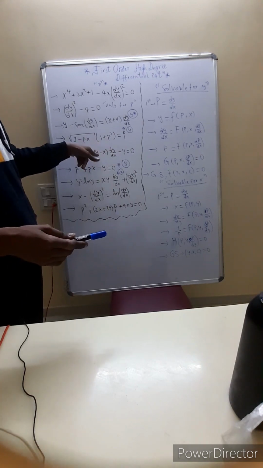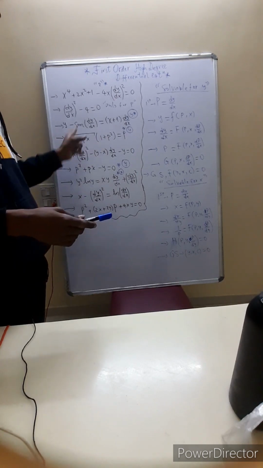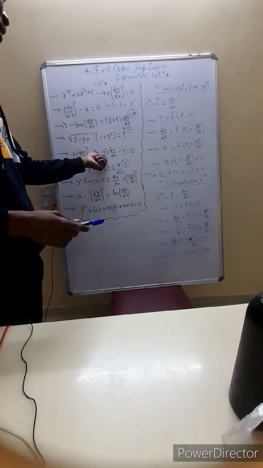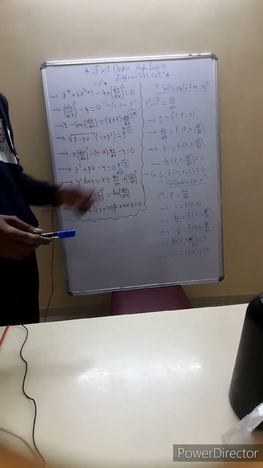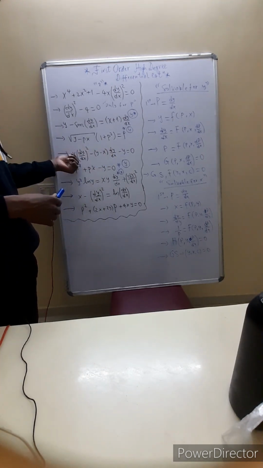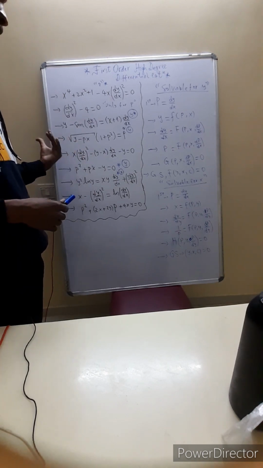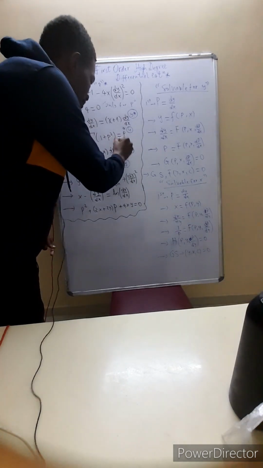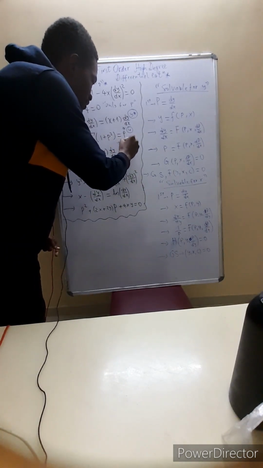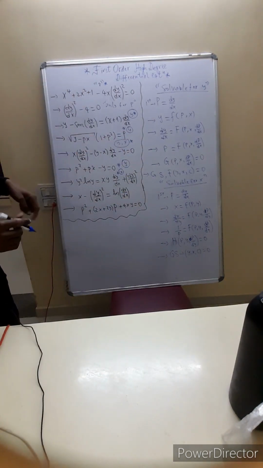So you can just take y common and solve with respect to p and x, or you can take x common and solve for y. Both sides will be easy for you. The level of difficulty is the same. You can solve for y and x.